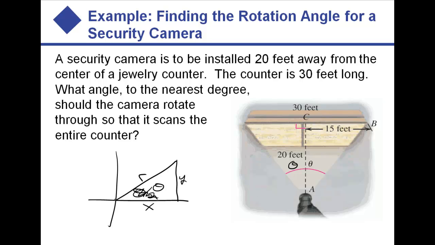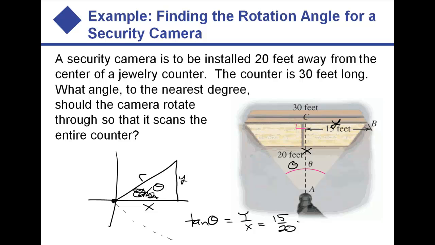Since this is where the camera is, and it's going to be doing two of these, can we see now that this is x and this is y? Tangent of this angle has to be y over x. So tangent of theta has to equal y over x, which has to equal 15 over 20.